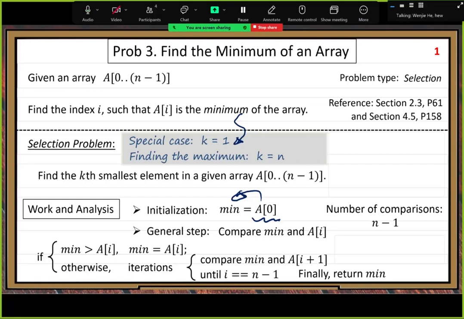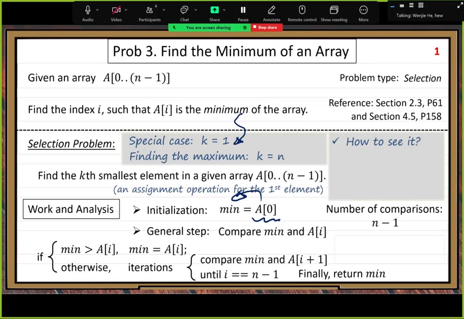So starting from the element with index 1, there is one comparison. Index 2, 3, 4.